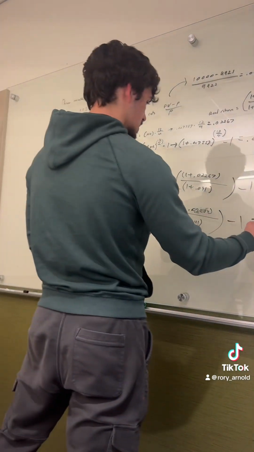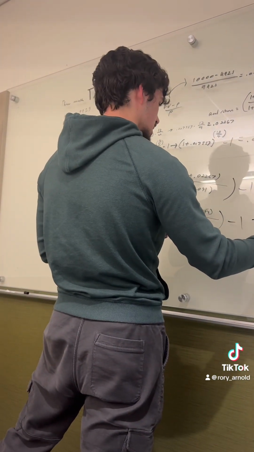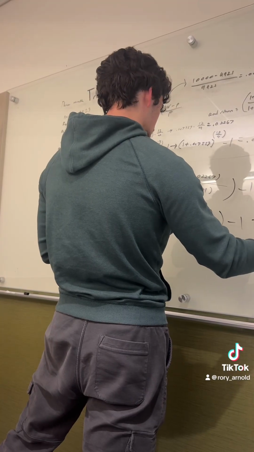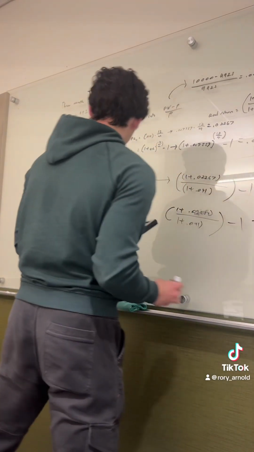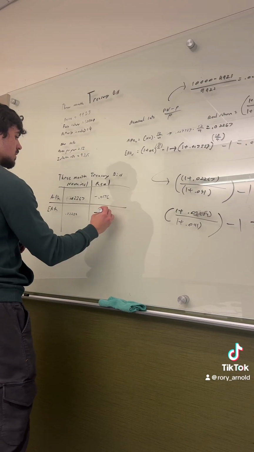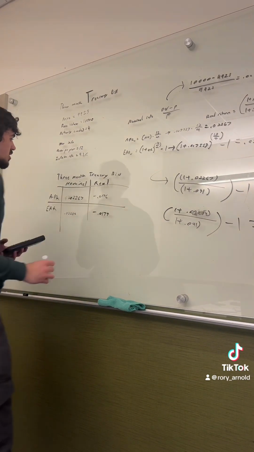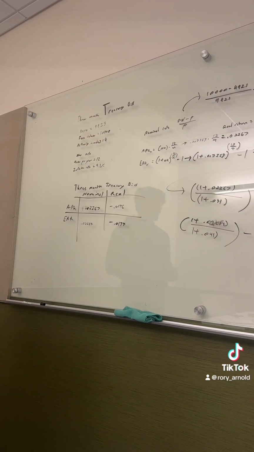That is also going to be very similar to this. It's going to be negative 0.0174. These are going to be your rates for your 3-month Treasury bill.